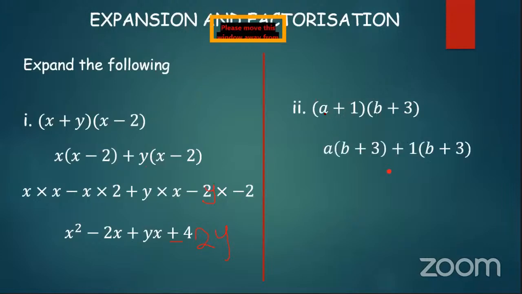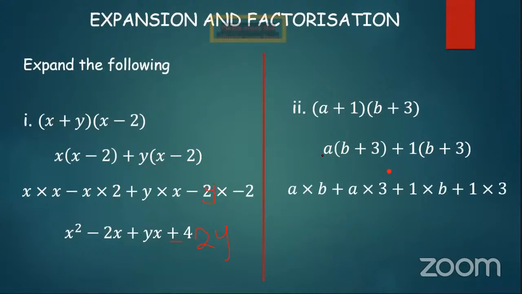So that would be A times the second bracket, which is b plus 3, plus 1 times the second bracket, which gives us also b plus 3. So that would give us A times B plus A times 3. Then we go for the second bracket.